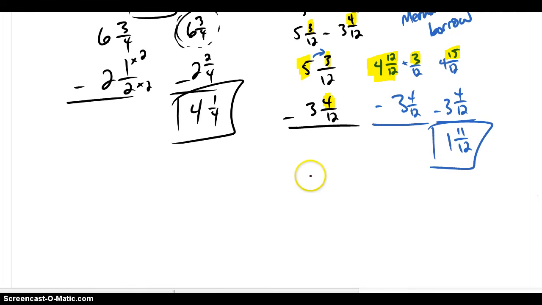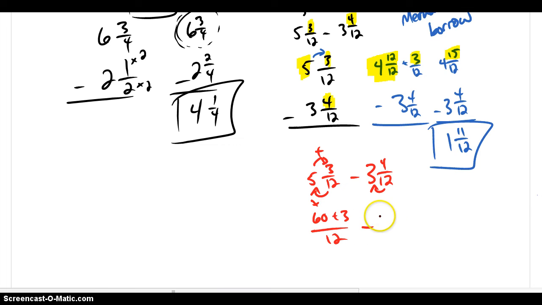So we'll start from that 5 3/12 because we have to get common denominators no matter which method we do. 3 4/12, we're going to multiply and then add. So 5 times 12 is 60 plus 3/12. We're going to take away 3 times 12, we're multiplying, is 36 plus 4/12.